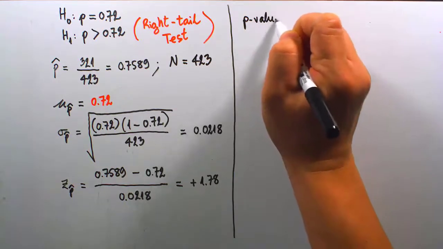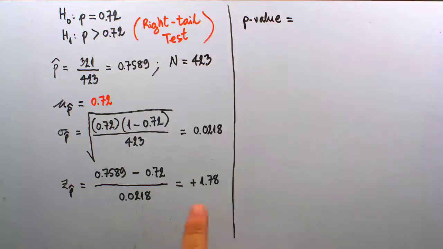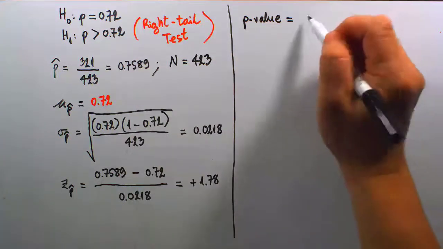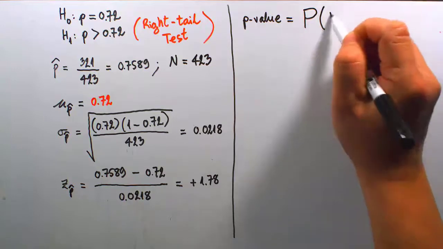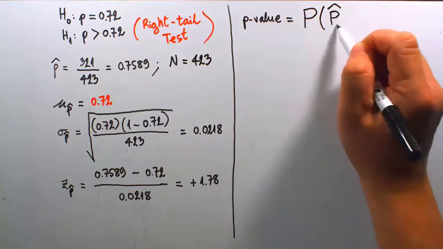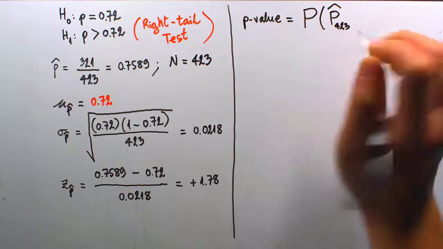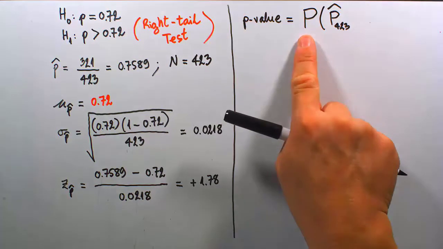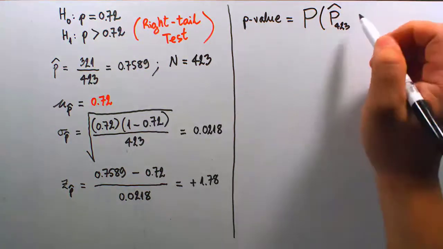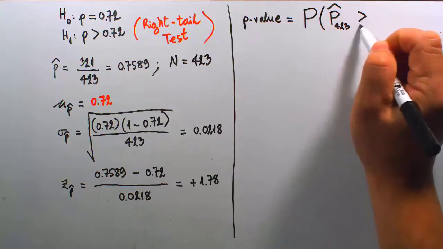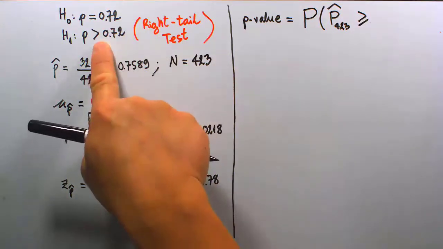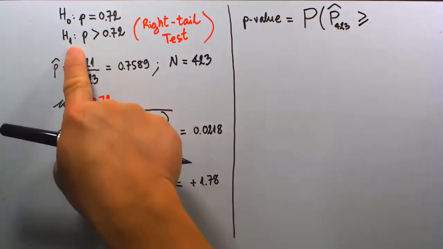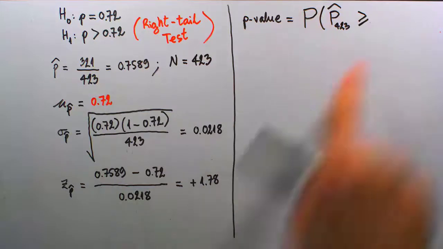Our current sample will have a p-value calculated as the probability that among all sample proportions of size 423, we want to find the chance that our sample proportion is greater than or equal to our sample value. Being a right tail test, I am going to use the inequality that points to the right-hand side from our alternative hypothesis.